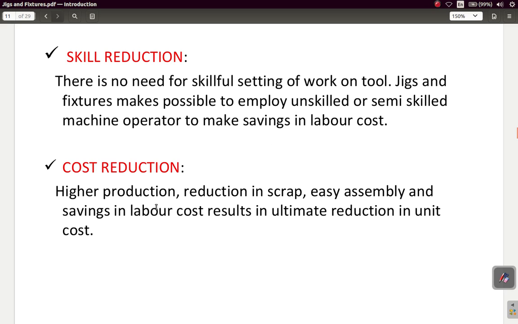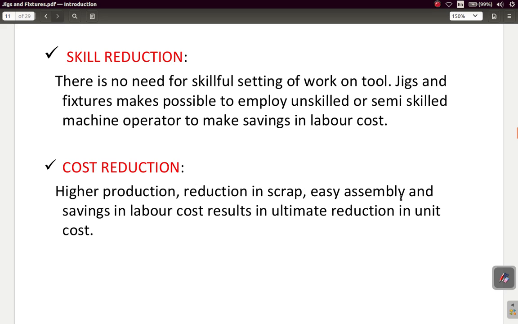Cost reduction. Higher production, reduction in scrap, easy assembly, and savings in labor cost result in an ultimate reduction in unit cost. Reduction in scrap means you don't have as much wastage of material lying around to be swept up and thrown away.